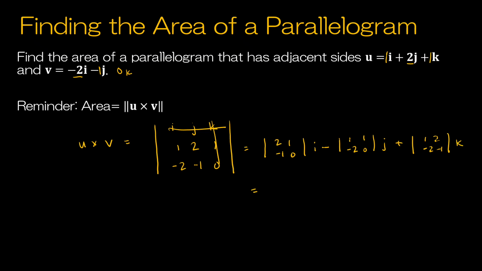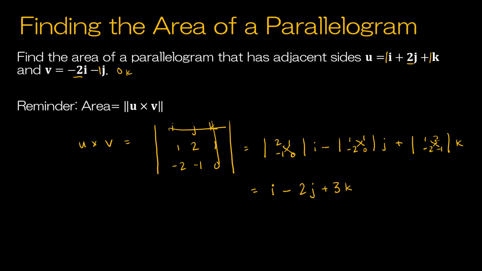And that gives me 0 minus -1, so 1i, minus 0 minus -2, so 0 plus 2 is 2j. And then -1 minus -4 gives me plus 3k.